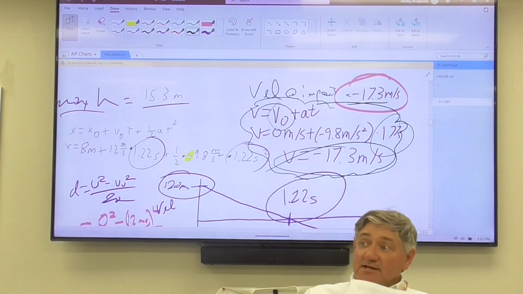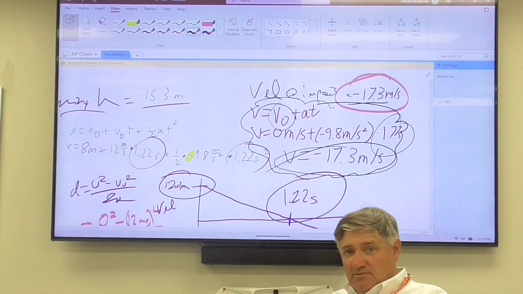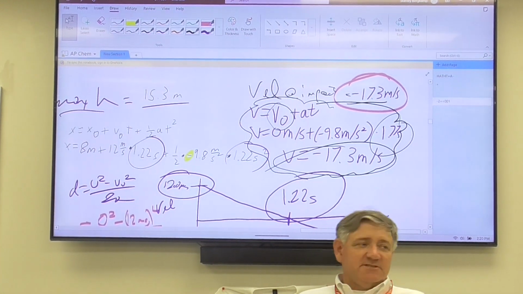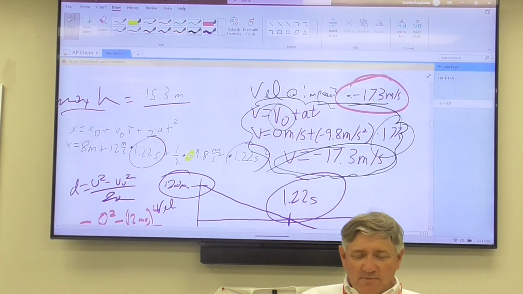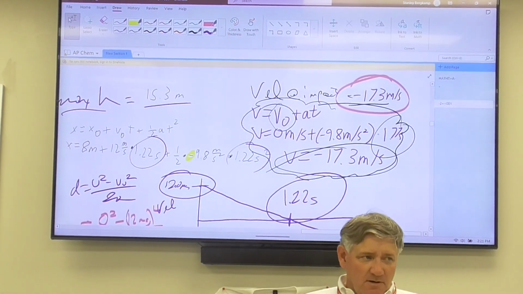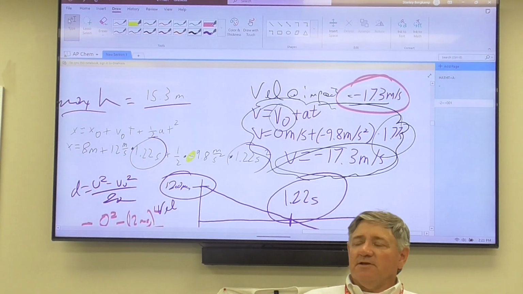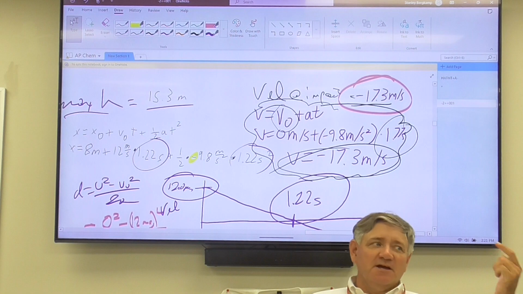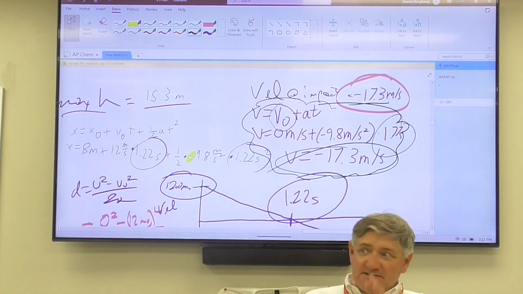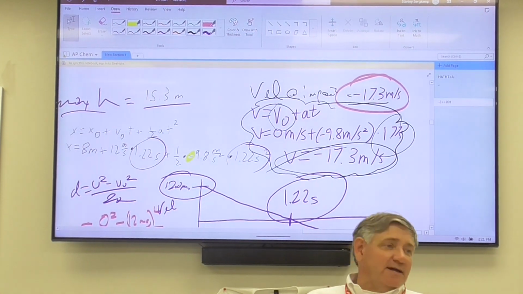Like there's number 8 here, okay? Number 8 is identical to this. I changed the numbers, okay? You know that you're going to have that type of problem on this test. Literally, the only thing I can change is the height of the building and the velocity of the ball. Okay, that's it. That's the only thing that I can change.